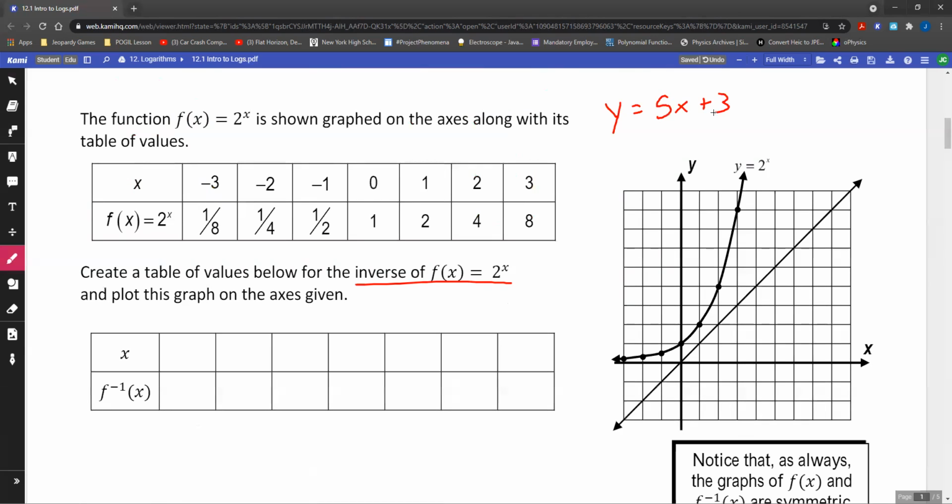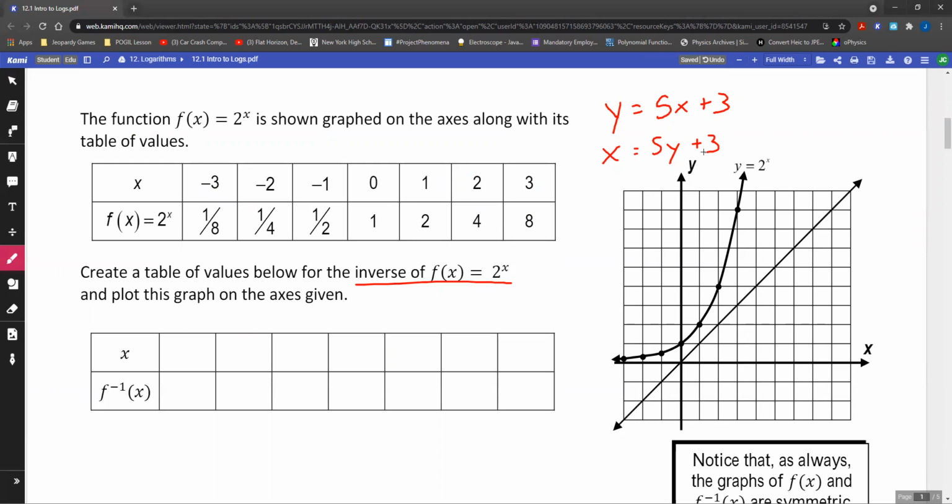The inverse would be you replacing the x and the y. Of course, we don't normally keep it like this, so you would try to move everything to the other side so that we have an equation with y. But that's essentially what we're doing. We're just replacing x with y and y with x.